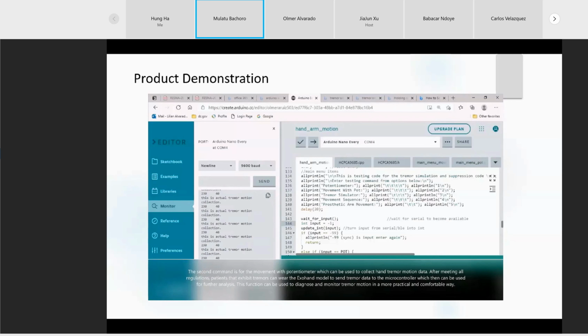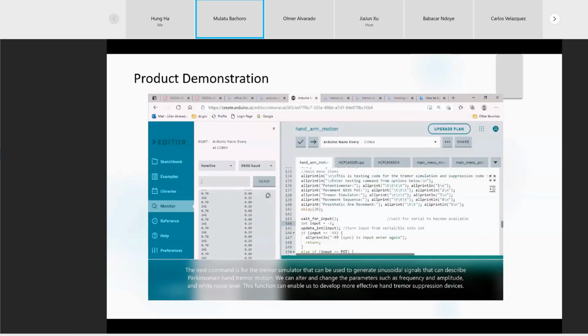So first we send a command of -99 to the controller. Second, the serial monitor displays 5 different options for which a command value is assigned. Some of these options include potentiometers, which can be used to calibrate the potentiometers and the servo motors.